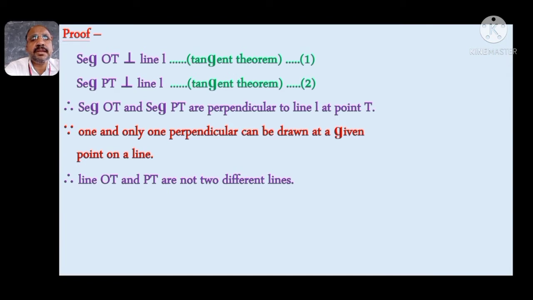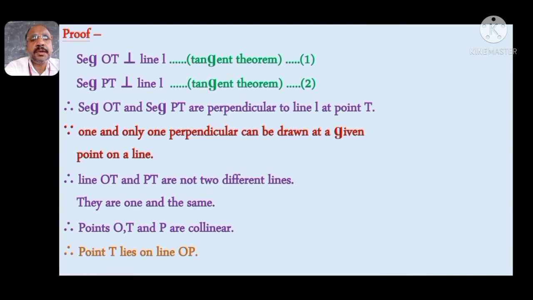Therefore, line OT and line PT are not two different lines. They are one and the same. Therefore, points O, T and P are collinear. That means point T lies on the line OP.